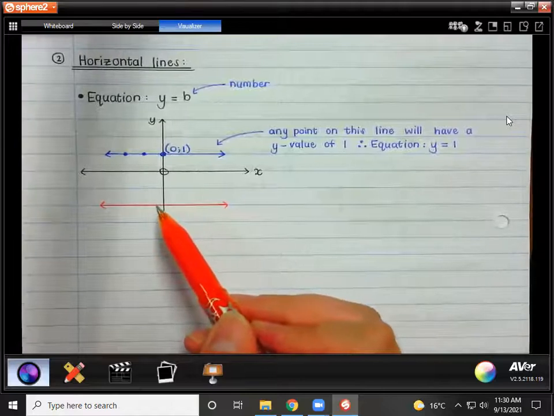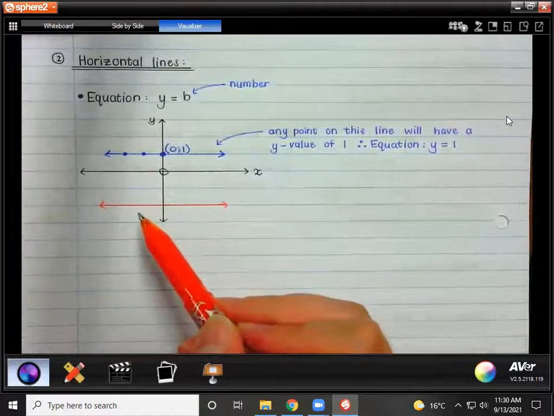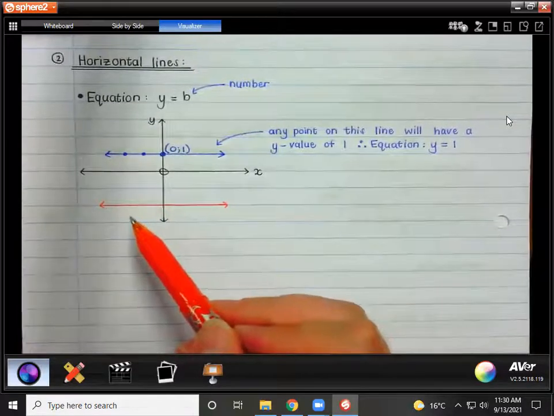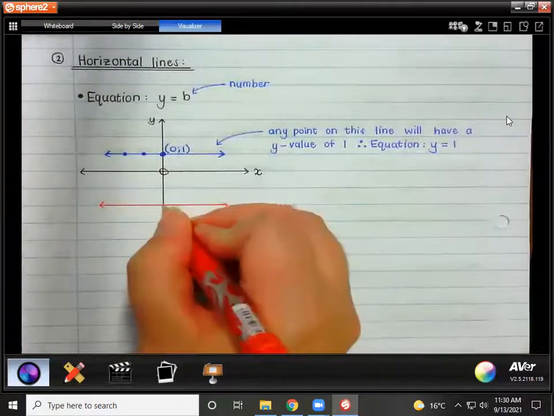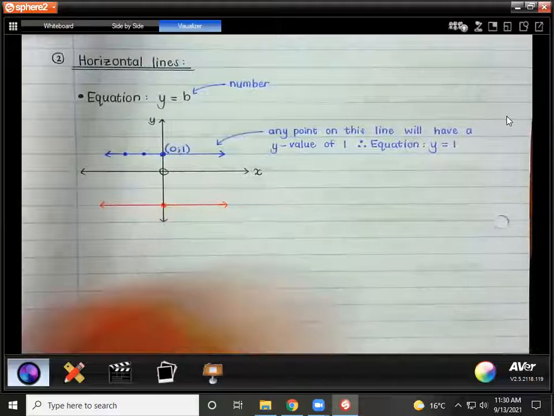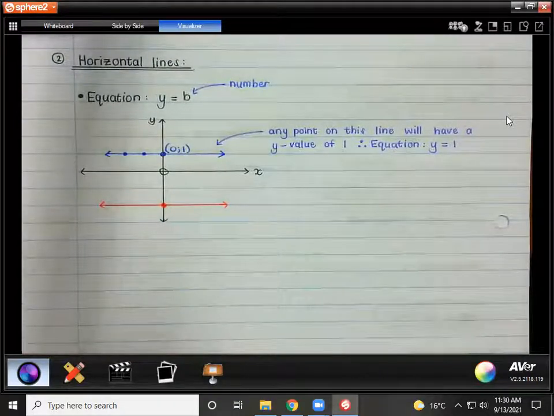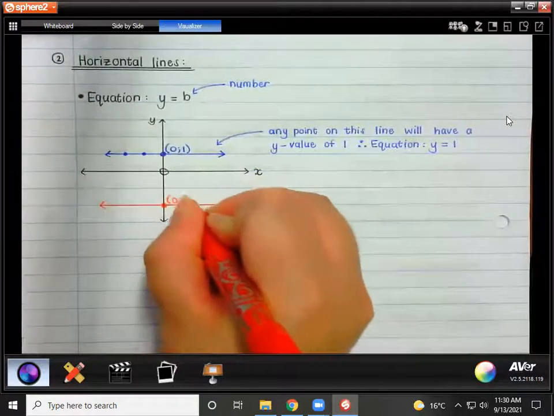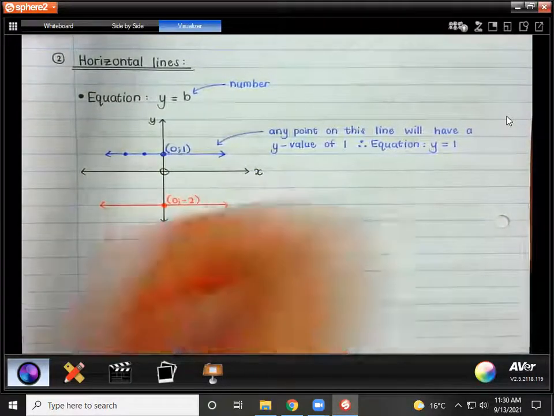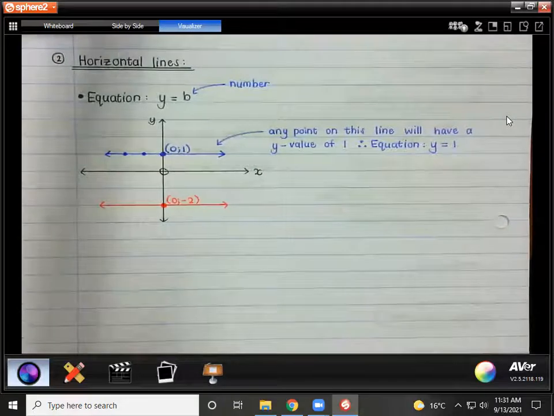So from 0, 2 rows down, or 2 lines down, or 2 blocks down. We're going to -2. There where you have that point on the y-axis, let's label that point. The x value is 0, and the y value now, because it's 2 down, is -2.